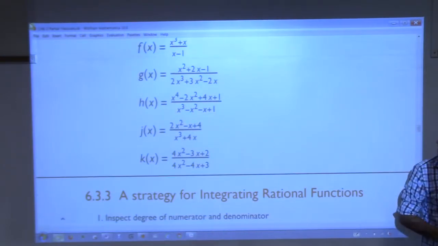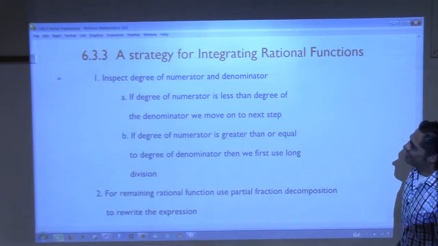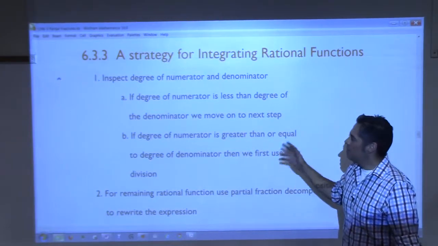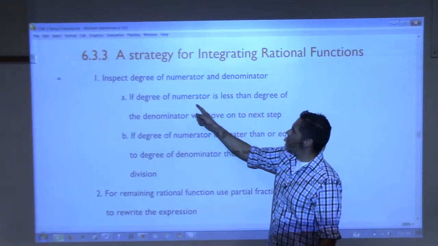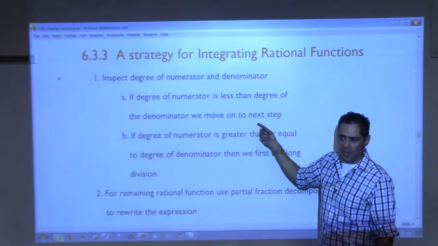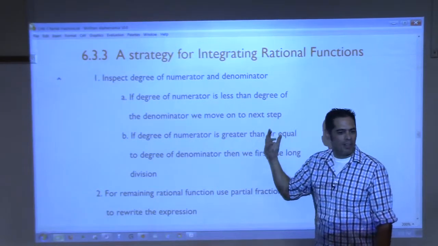Perfect. We just had a test on that, right? Okay. All right, so we do that first. If the degree of the numerator is less than the degree of the denominator, the top one's smaller than the bottom one, then we move on to the next step.